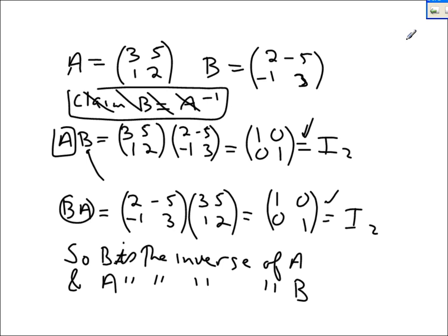But wait a minute. Look over here. I wrote B first, and BA equaled identity, and when I switched the A into B, I got the identity. So A is the inverse of B. If A is the inverse of B, then B is the inverse of A. They come hand in hand. They come as a pair.